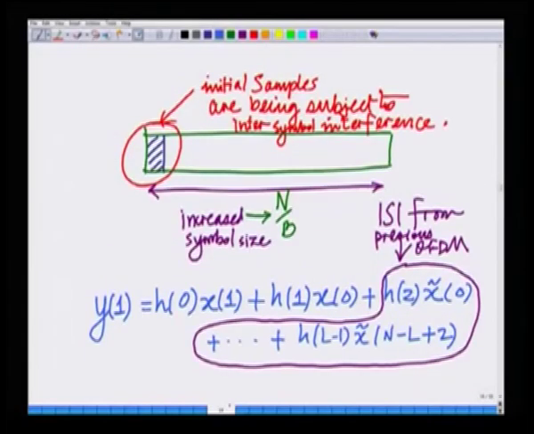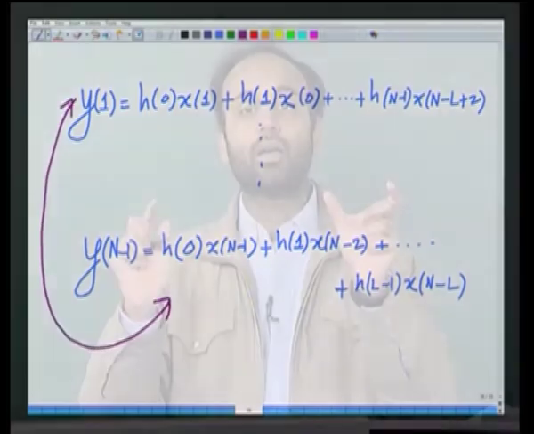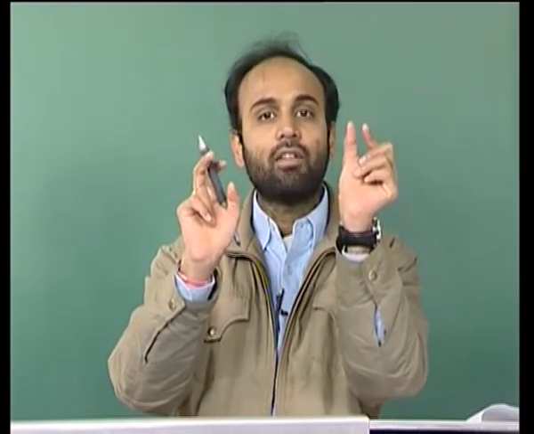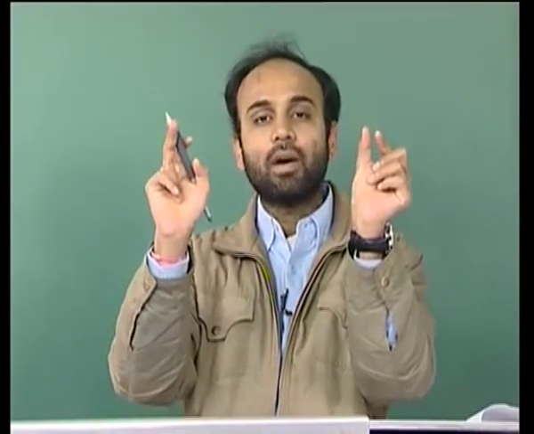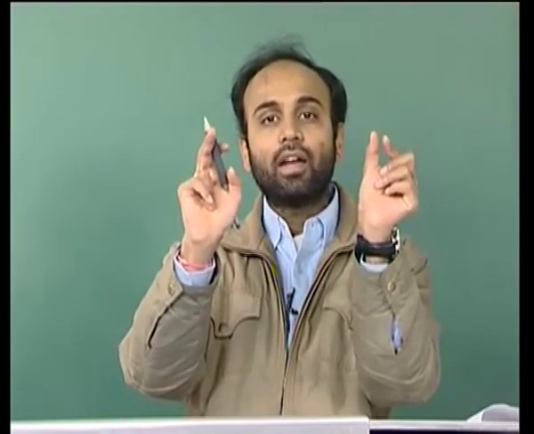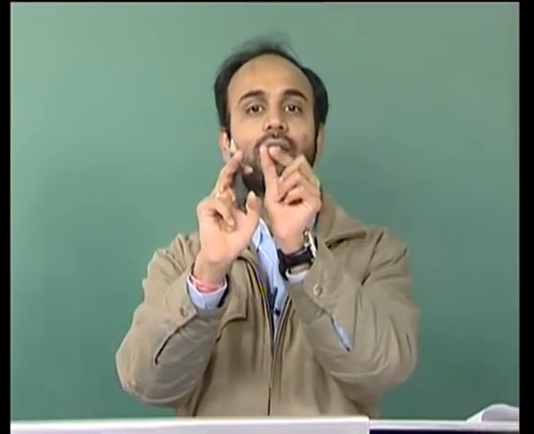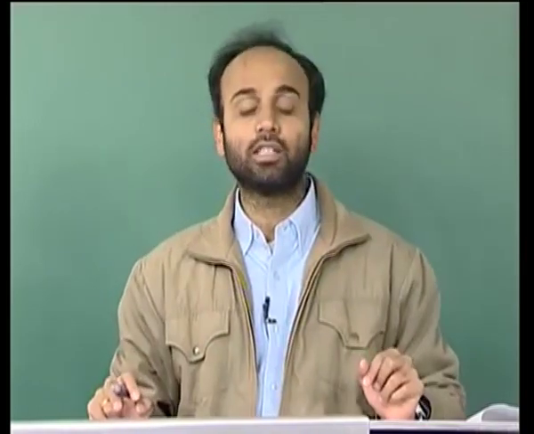So, this convolution has a very unique nature. It is like I am taking the filter, and h0 I have at x0, but h1 I have at xn minus 1, h2 I have at xn minus 2 and so on, and progressively I am taking this filter and circularly shifting it over the transmit sequence.